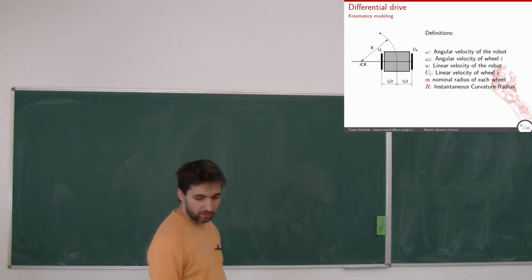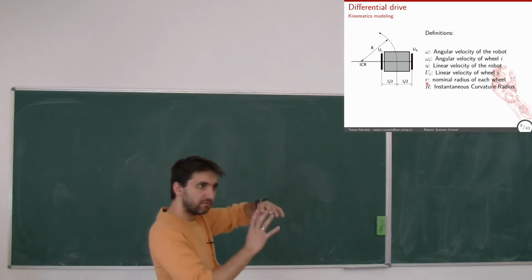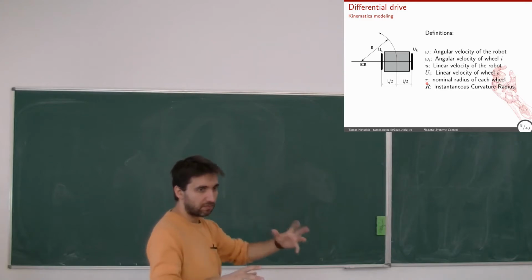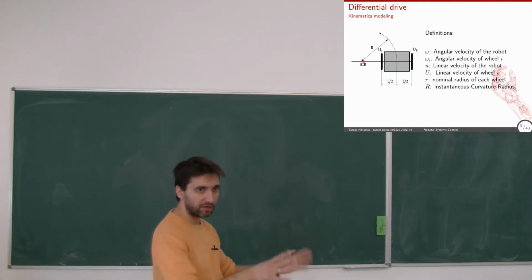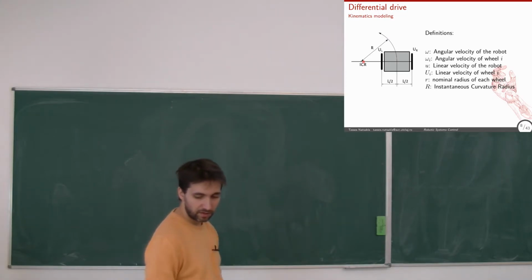We need to know the radius of its wheel, or nominal radius of its wheel, so how big the wheels are, because that will affect my kinematics. And by big R, capital R, we will denote the radius of the instantaneous center of rotation. So basically this distance from here until the center of the robot, at every part of the path.